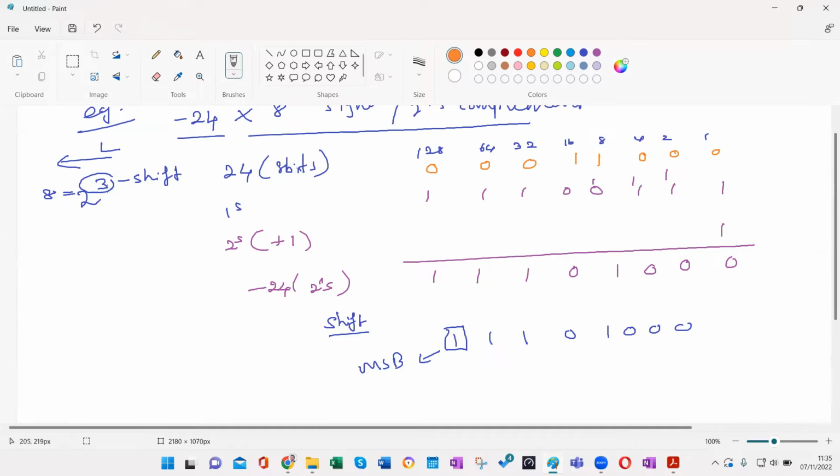And it's going to go 3 places to the left. Okay, now you have to be careful. This one will go out. What will happen to this one? This will come one place and go out.